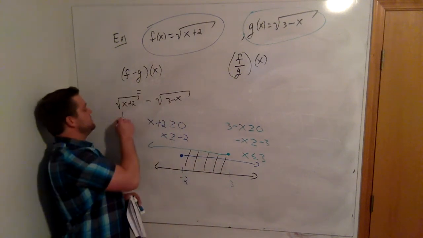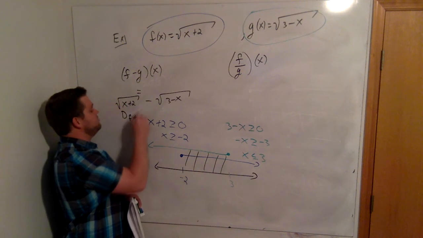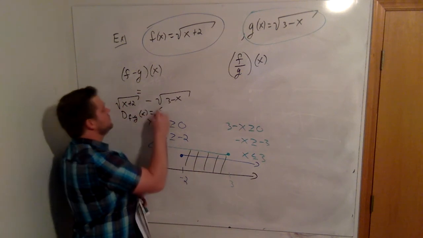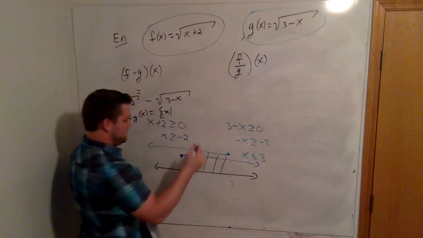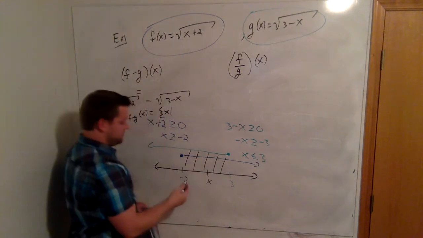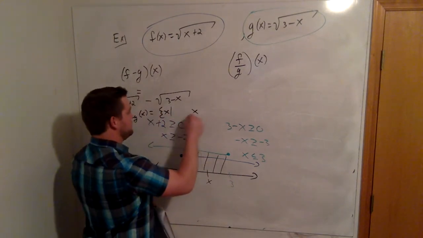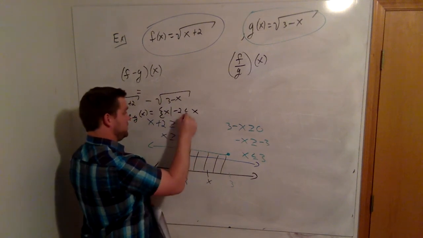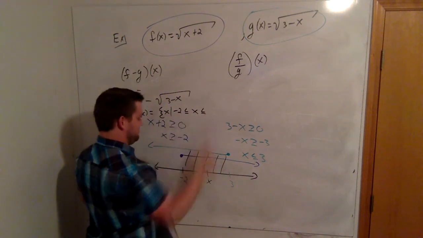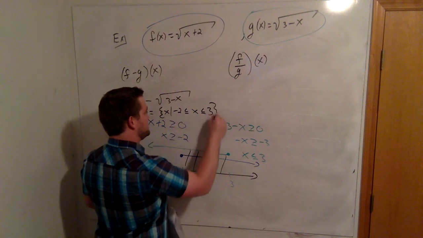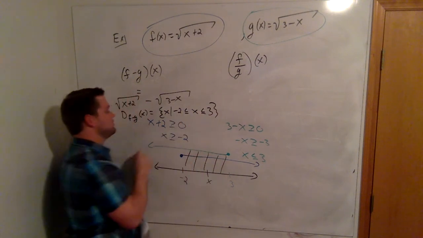So we have here that the domain of f minus g of x is going to be all x such that, well, if you think about x here, x is between -2 and 3. So -2 is to the left of x, and x is to the left of 3. This just reads that x lives between -2 and 3.